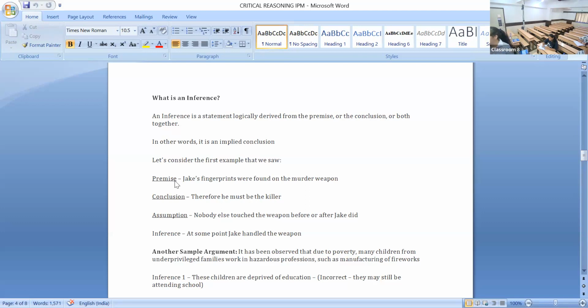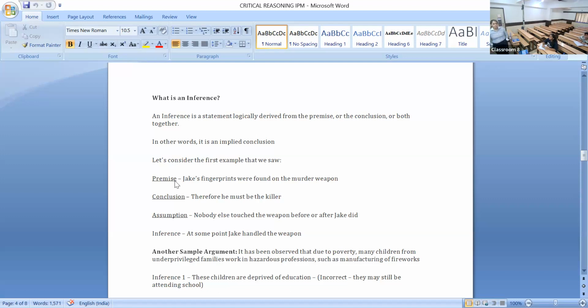Either from the premise, or from the conclusion, or from both. So let us see what exactly it means through an example. It is an implied conclusion, because it is something which is already there as a fact. So technically it's an implied one.